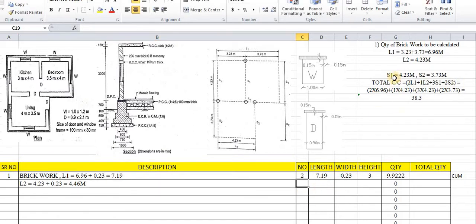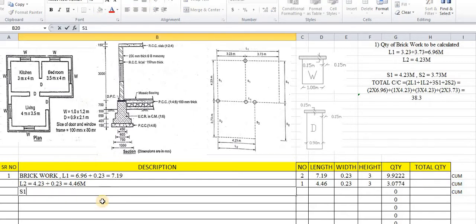How many numbers of L2 are there? L1 is 2 numbers, and L2 is only 1 number. So 1 number of L2 is there, and 4.46 is its length. The width is 0.23, the height is 3 meters, and the quantity is in cubic meters.